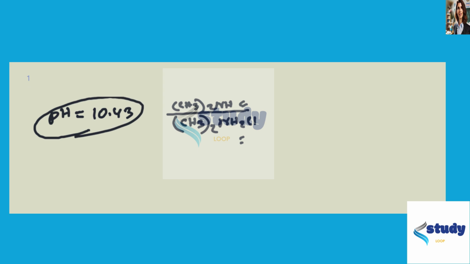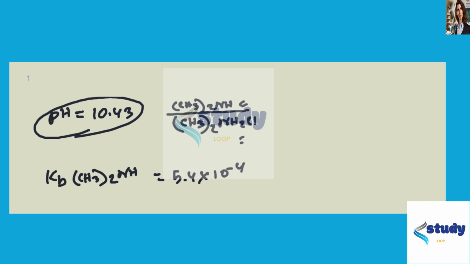So to find this ratio, first we have to know the Kb value of the base here, and the Kb value for this CH3 twice NH, or the dimethylamine, is 5.4 times 10 to the power minus 4.